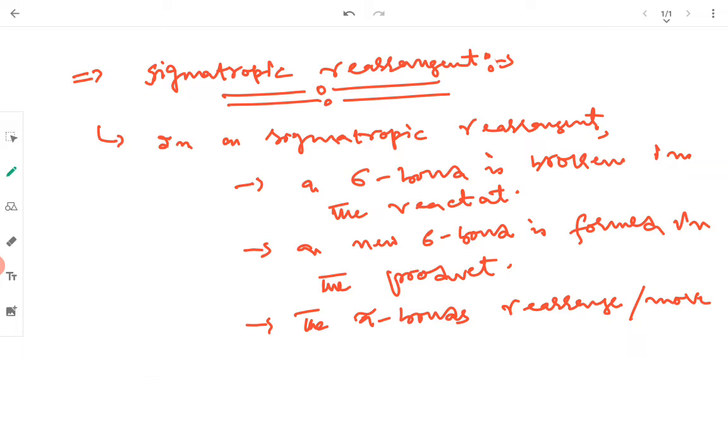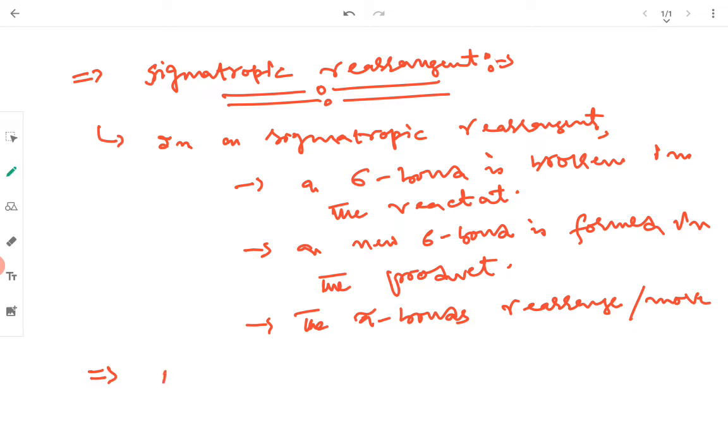We have discussed this thing in previous lectures. Here I have to mention some points. That's why I repeated this definition once again. There are some very important points which you should note while studying sigmatropic rearrangements.